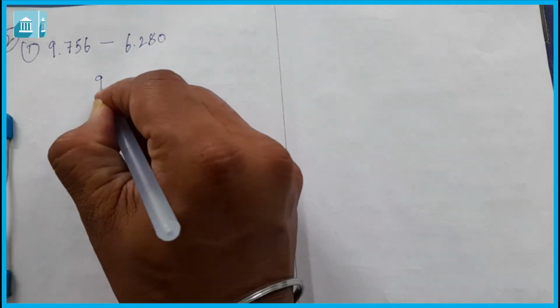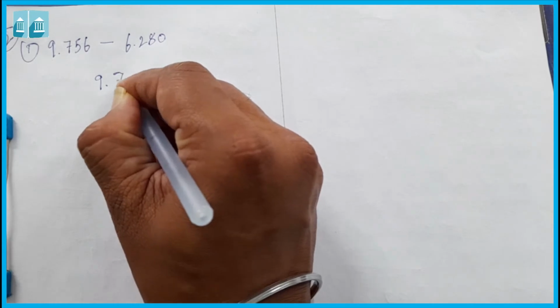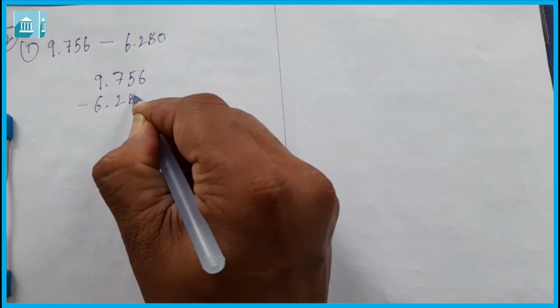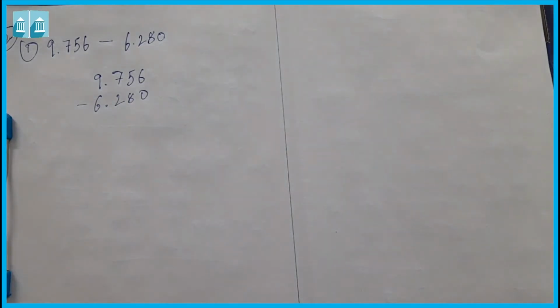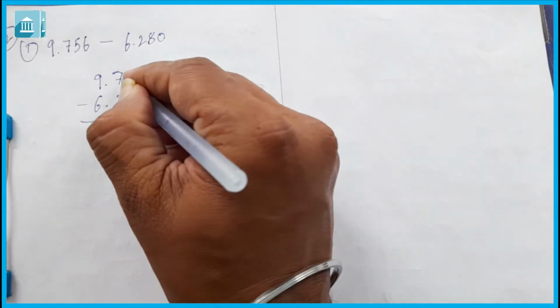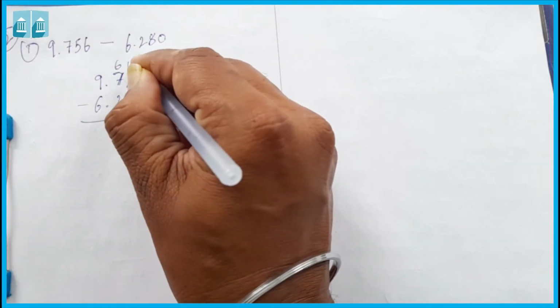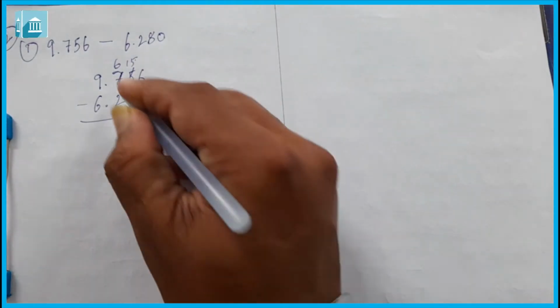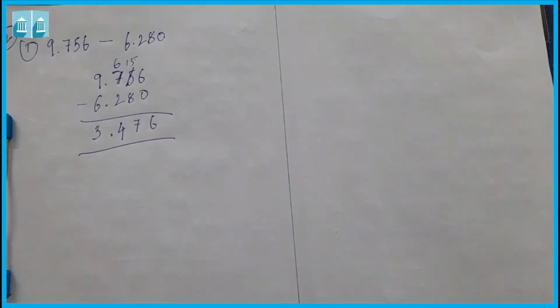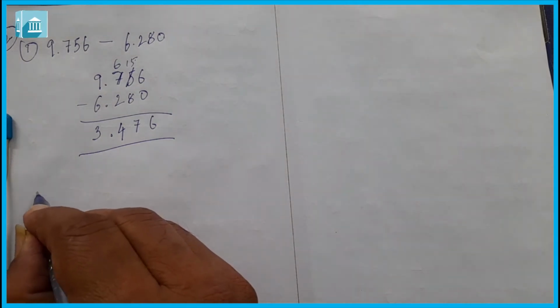Then it will be 9.756 minus 6.280. 6 minus 0 is 6. 5 minus 8 is not possible. So here it will be 6, here it will be 15. 15 minus 8 is 7. 6 minus 2 is 4. 9 minus 6 is 3. So the answer is 3.476.